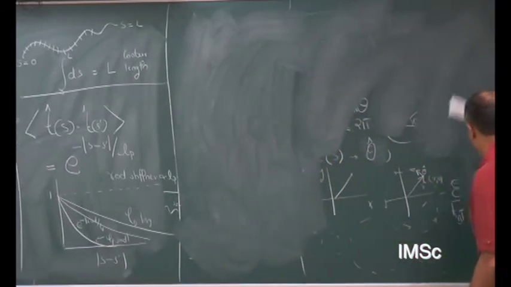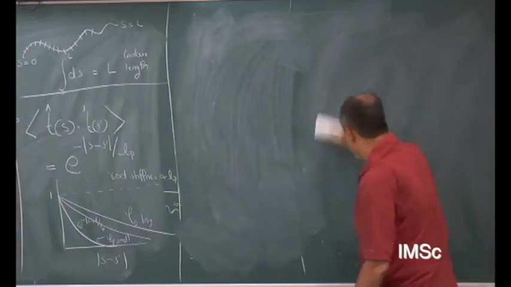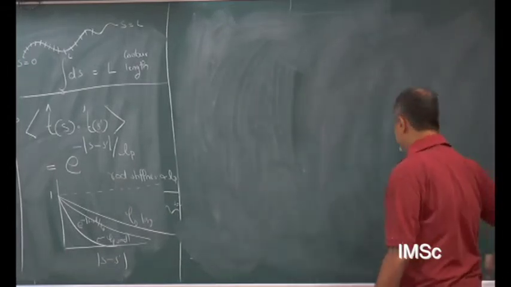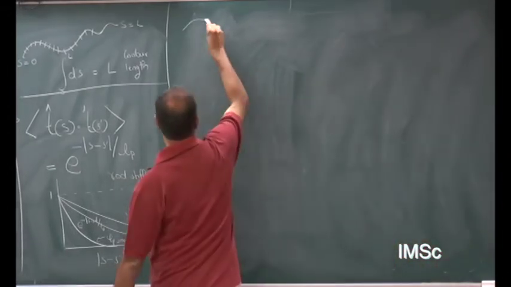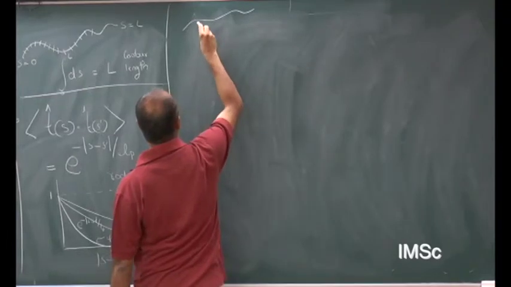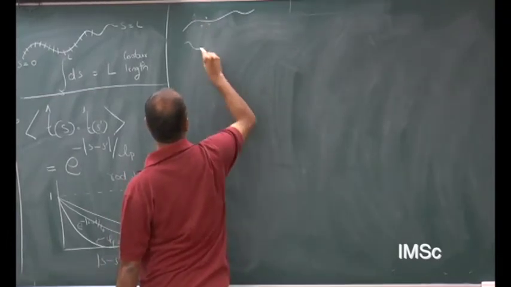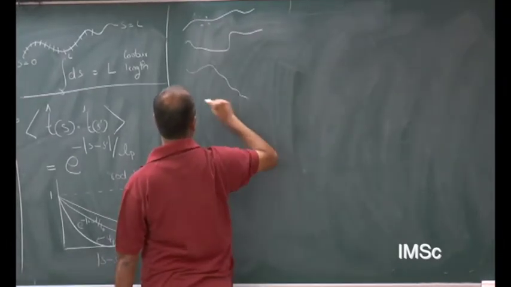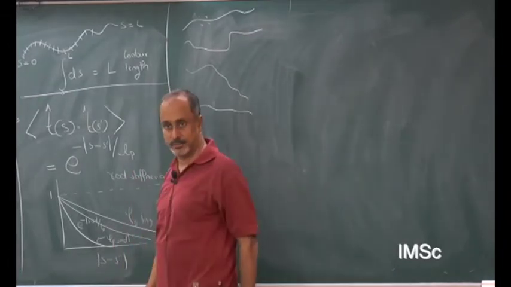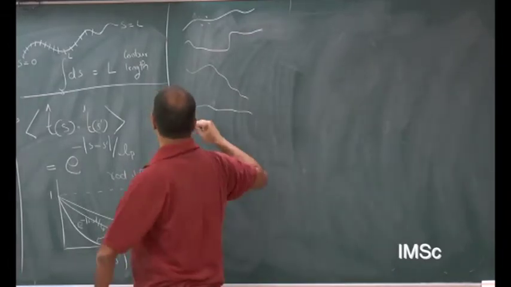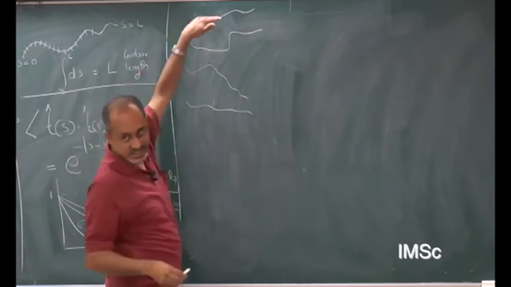I should think of my semi-flexible polymer in some, let us say, solution at finite temperature. So here is my polymer here, and as molecules strike it, its configuration changes from here to here to here, and so on and so forth. So now the question is how much does it change?